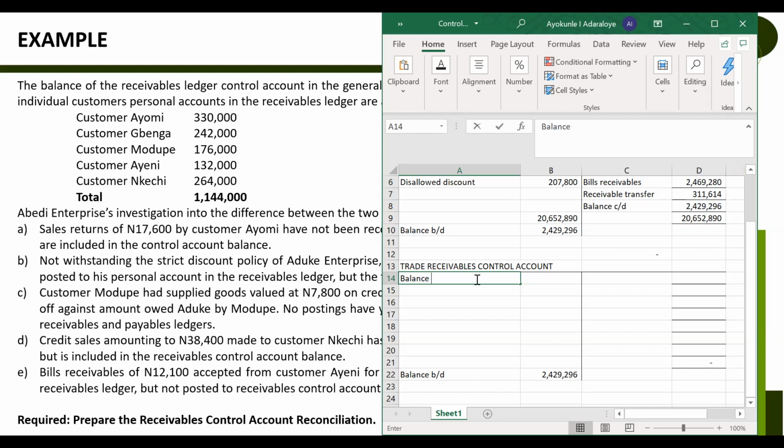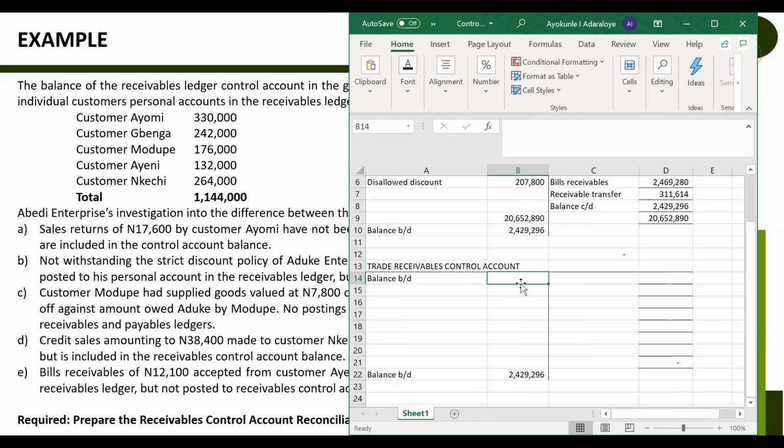Balance brought down. Are you sure? Yes, sir. Okay, so balance brought down. How much is it again? 1,182,180.